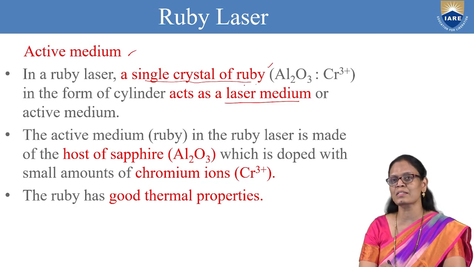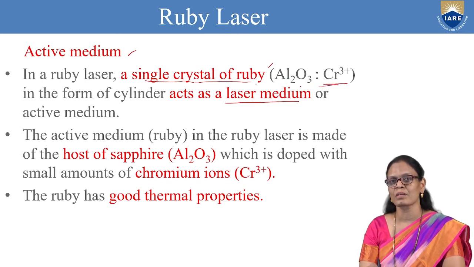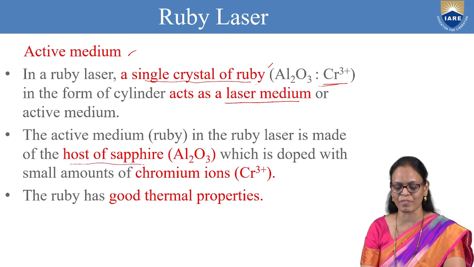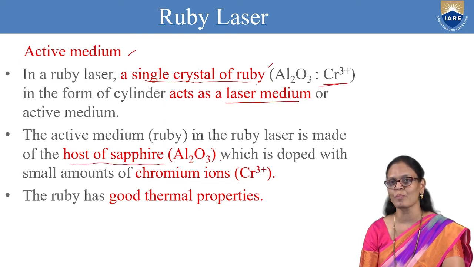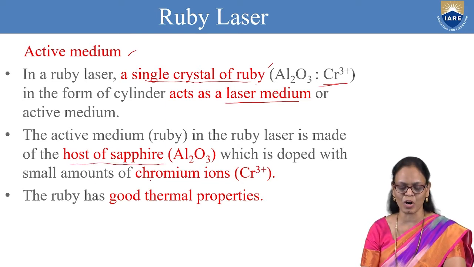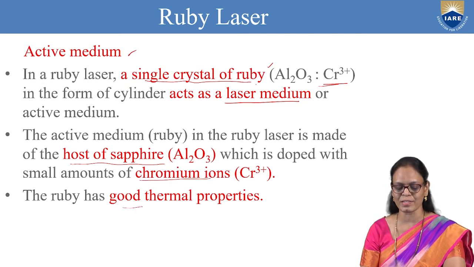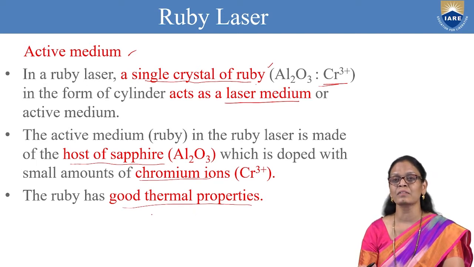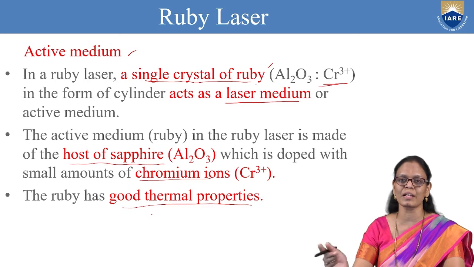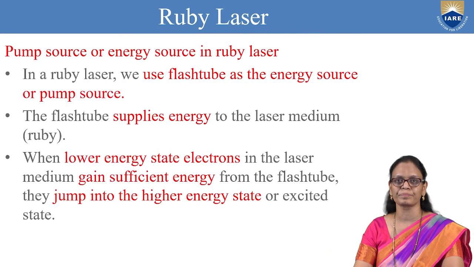What is the ruby crystal here? It is aluminum oxide doped with chromium atoms. So this forms the active medium. Here the active medium is made up of a host of sapphire, which we call aluminum oxide, doped with small amounts of chromium ions. And this ruby has good thermal properties, meaning it can transmit the heat or the energy very easily.